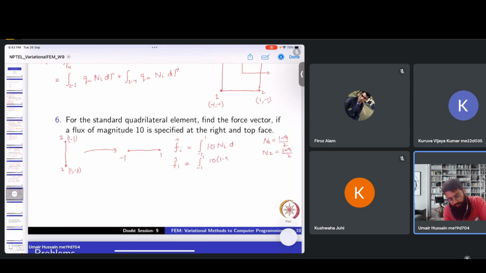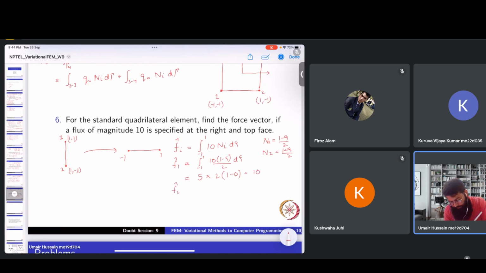Applying Gauss quadrature, we have 5 into 2 into (1 minus 0). This gives us 10.